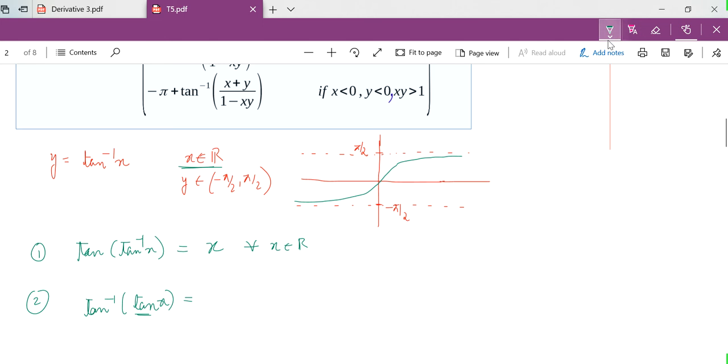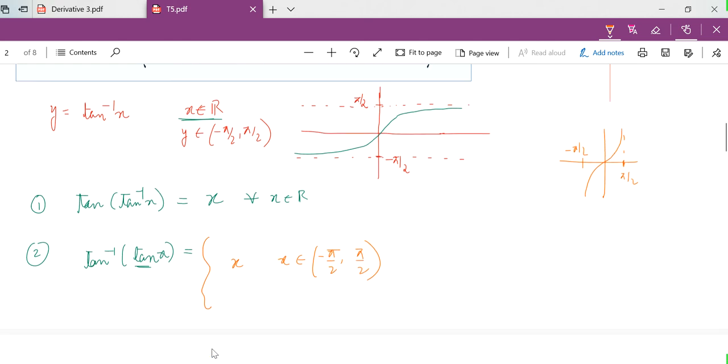Remember when you were defining the tan function, you restricted your domain from negative pi over 2 to pi over 2, so that the function is one-one and its inverse exists. So this is equal to x only when x belongs to the interval negative pi over 2 to pi over 2. If not, then you have to shift accordingly so that you get the argument in this domain.